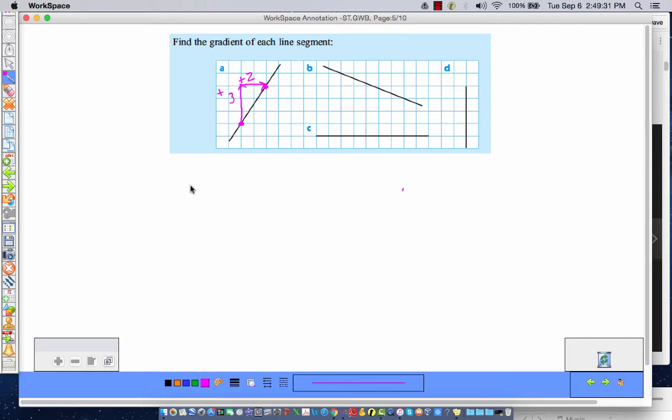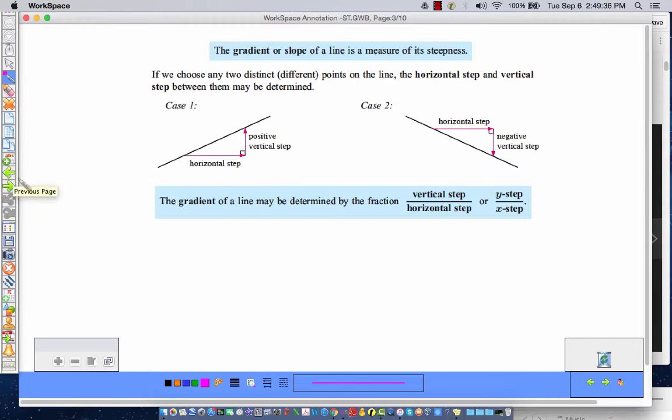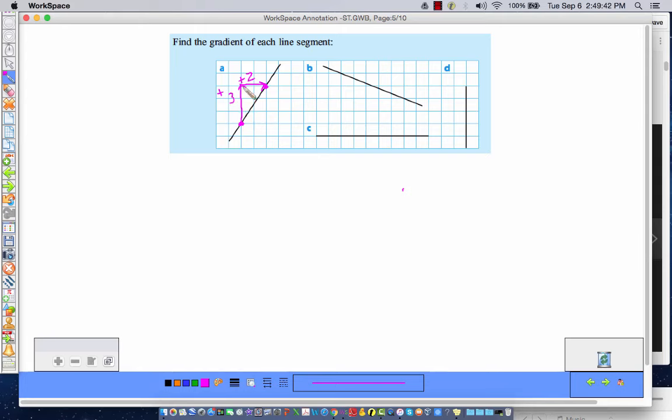Okay, so if you go back here, it's the vertical step compared to the horizontal step. Well, I have a vertical step of 3, horizontal step of 2, so my slope is equal to 3 over 2. I could have also started at this point. That's no big deal. And again, start with vertical.